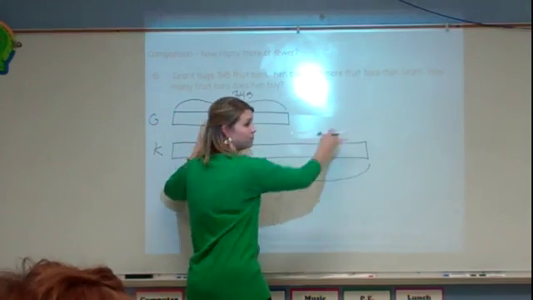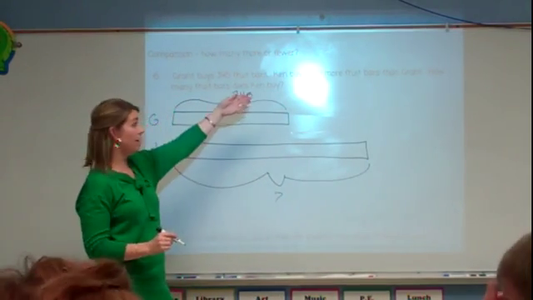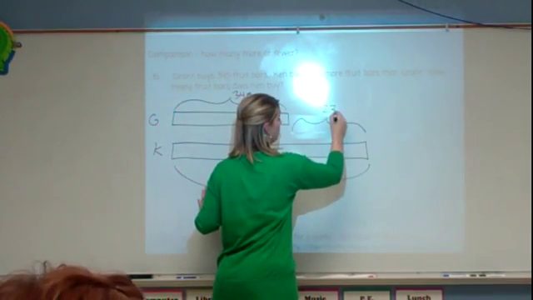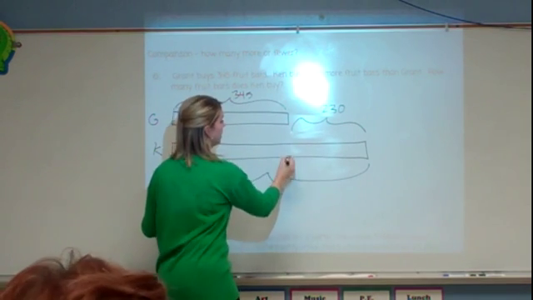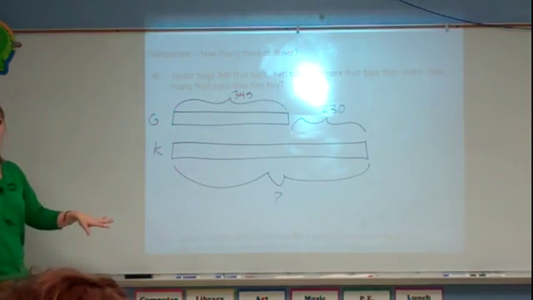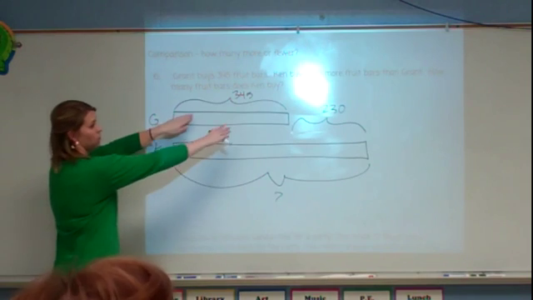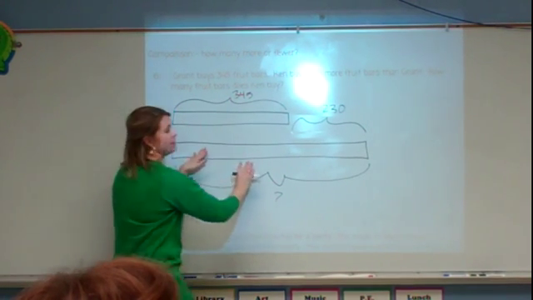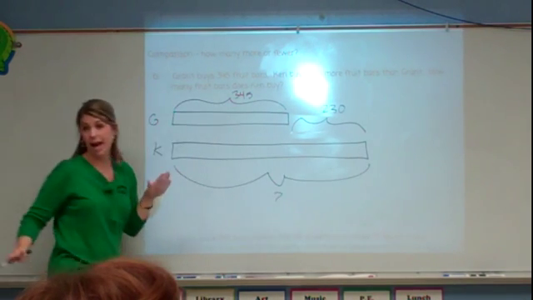So this negative space here is where we're going to label how many more he bought. He bought 230 more, so this is how many Grant had, this is the same amount as Ken, and this is the more that he had.